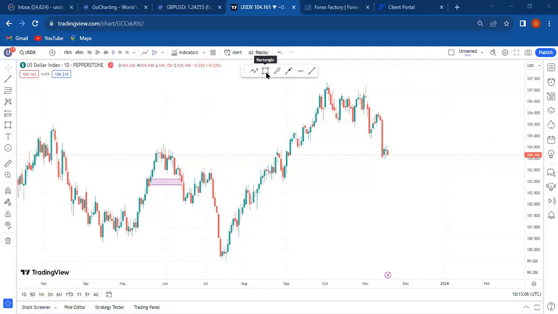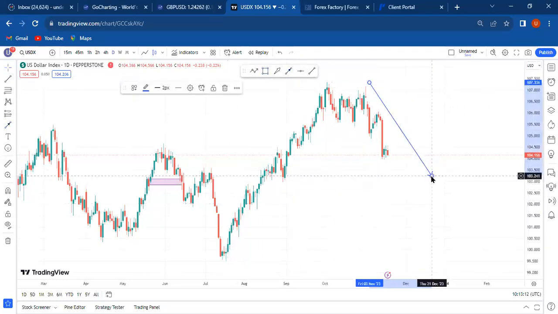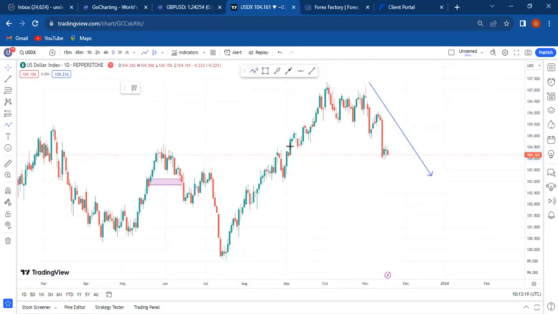Okay, that's great. So like I said last week, we are looking towards a bearish scenario for the dollar. Why? Because this has literally confirmed that we are now having a bearish setup. Price comes here, forms a lower high, we have a lower low, retrace, then continuation.